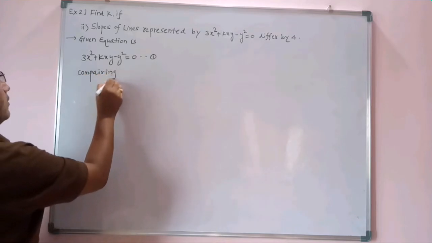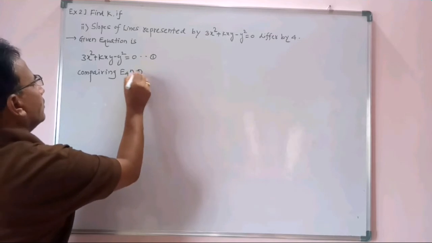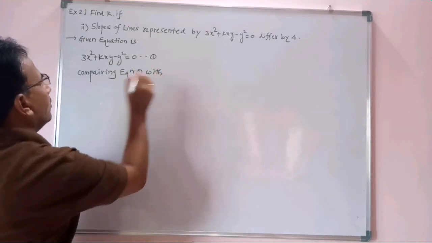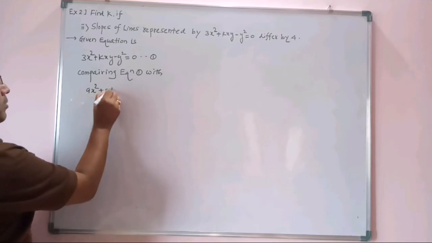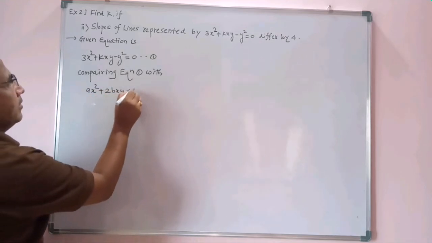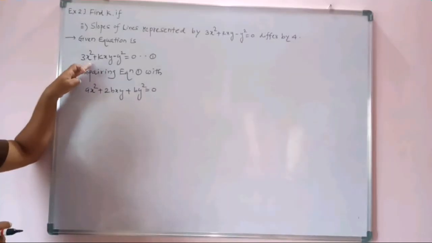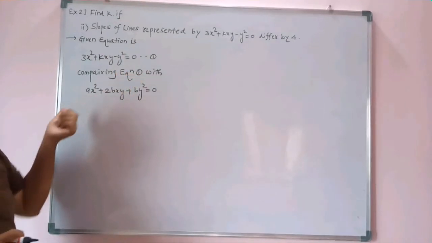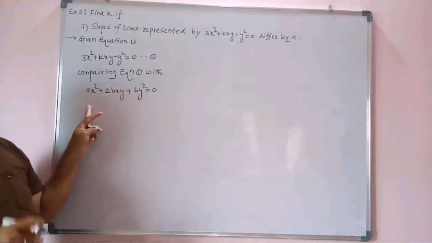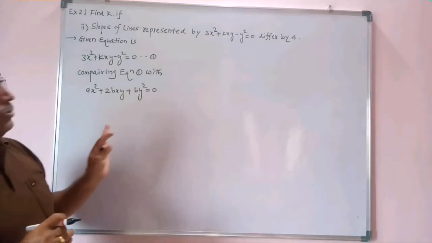Comparing equation first with the homogeneous second degree equation in x and y, which is ax square plus 2hxy plus by square equal to 0.